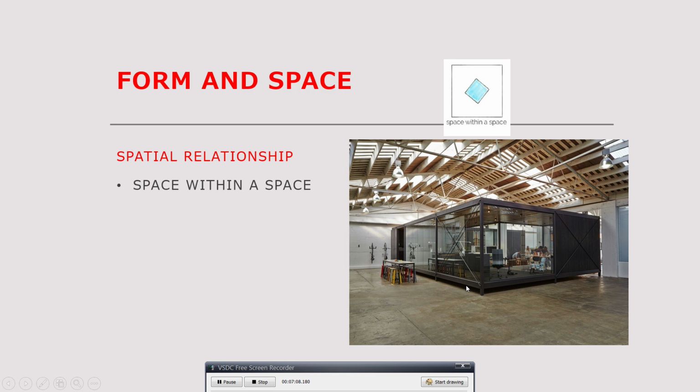Yung like this. Ito may space inside, but kung titingnan mo outside, mas malaki siya. Diba? Imagine nyo na itong blue, this is the one. Tapos ito, paligid ng buong building.